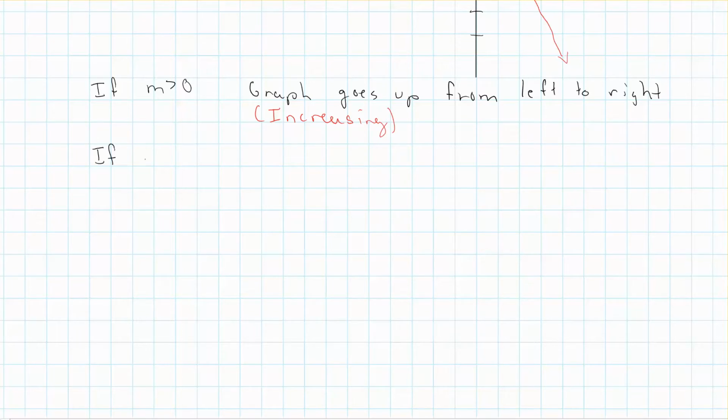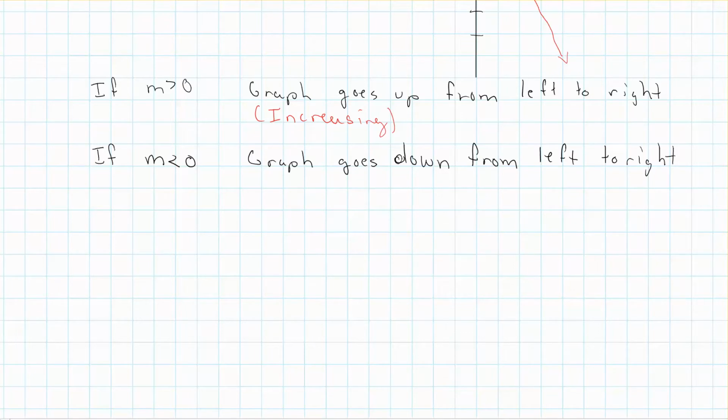If m is less than 0, the graph goes down from left to right. And again, we'll talk about this in another video in more detail, but that would mean it's decreasing.